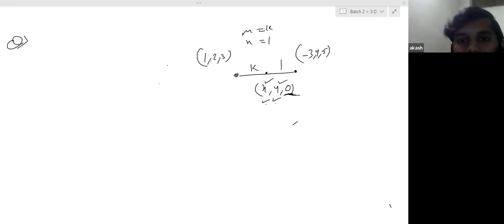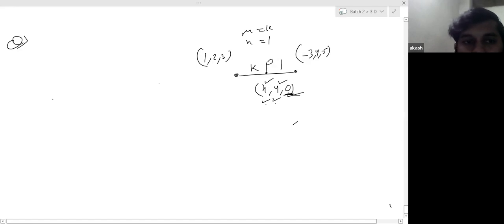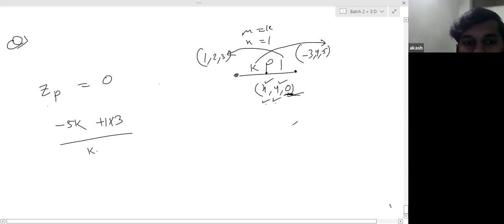Now let's see. First, we know the z coordinate as 0. So let's name this point P. We know that ZP is 0. And how to find the z coordinate? Multiplying this with the z coordinate. So minus 5k plus 1 into 3 upon k plus 1 is equal to 0.